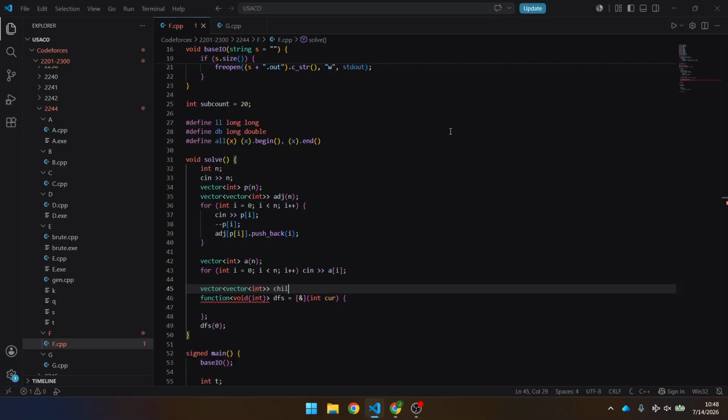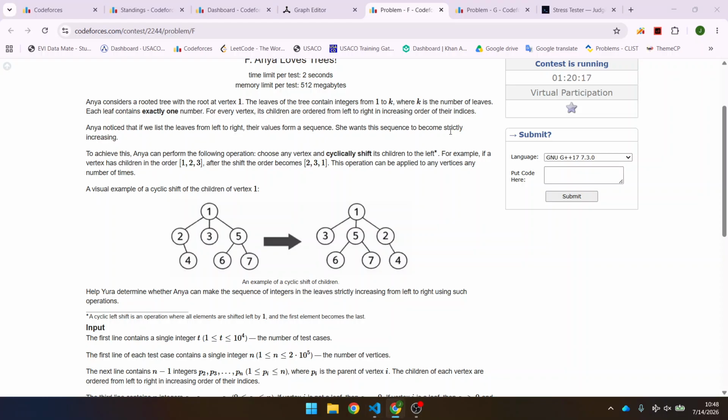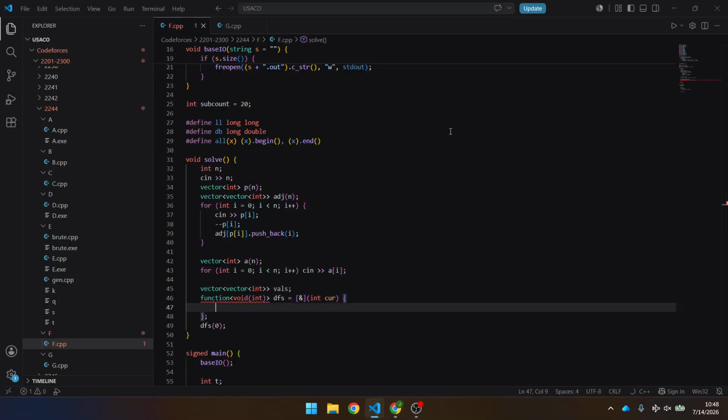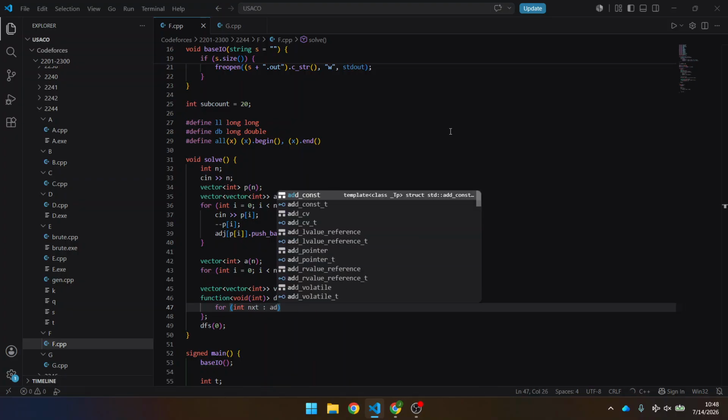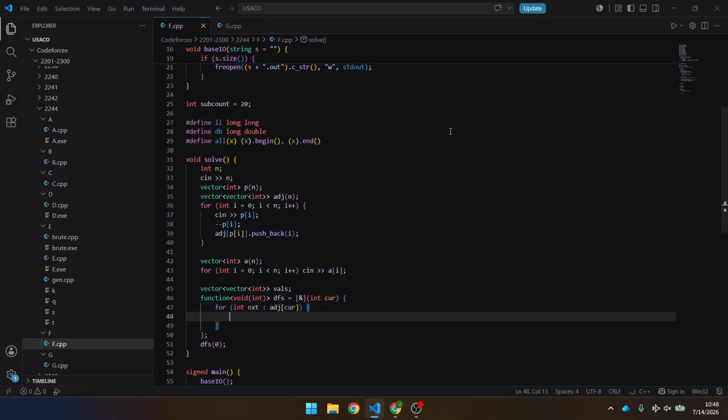The vector isn't fast. Okay. Right. Next, adjacency list. Alright, that's just your children, so DFS next.